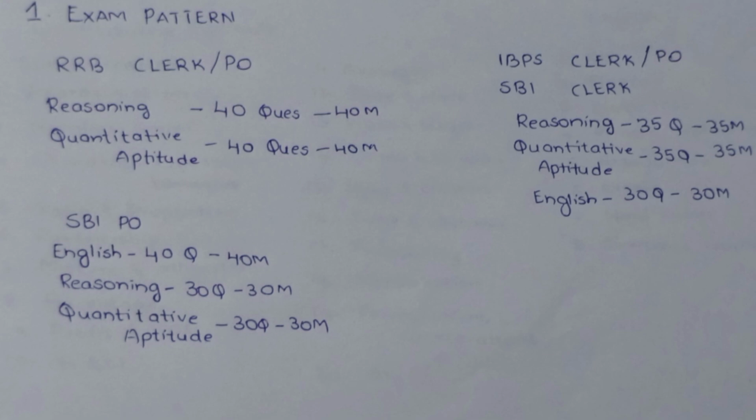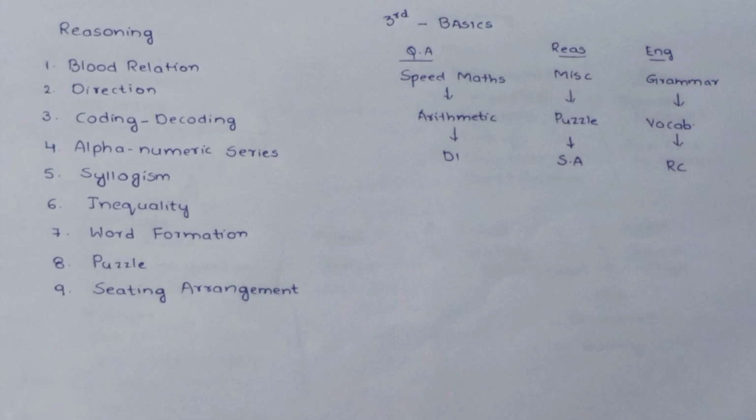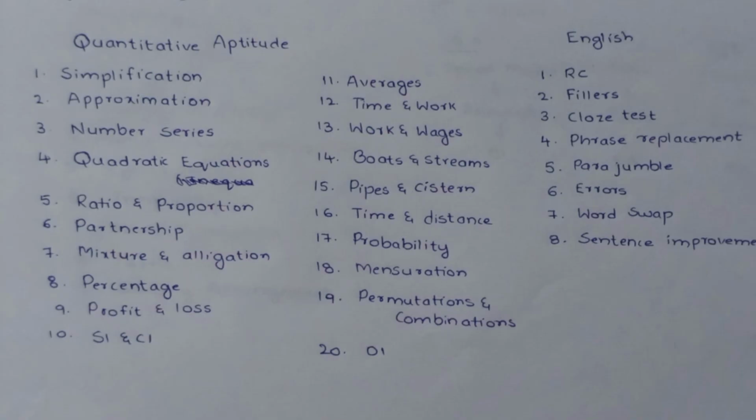After knowing the exam pattern, then go through the syllabus of prelims of that particular exam. So here if you see the syllabus for quants, the syllabus is simplification, approximation, quadratic equation, number series, a few topics from mathematics, and we have data interpretation. And for reasoning we have syllogisms, inequalities, blood relations, coding, decoding, direction, puzzle, seating arrangements. For English, we have a grammar portion. We get error related questions.